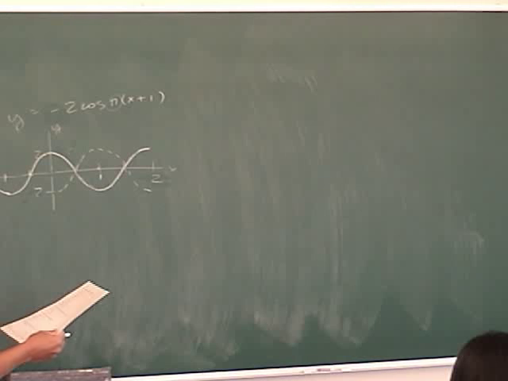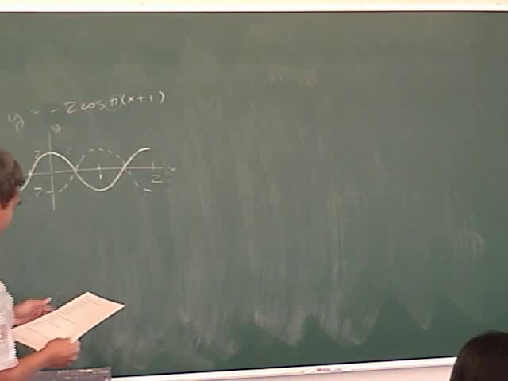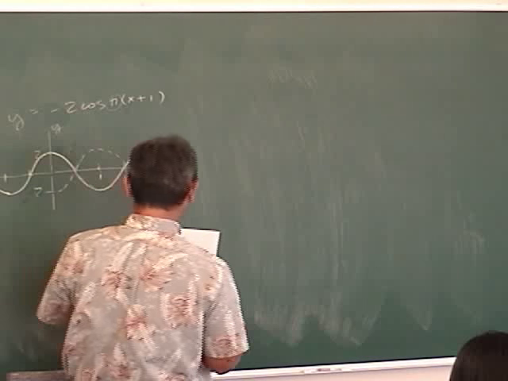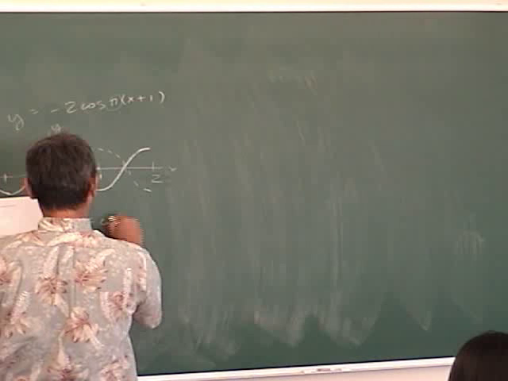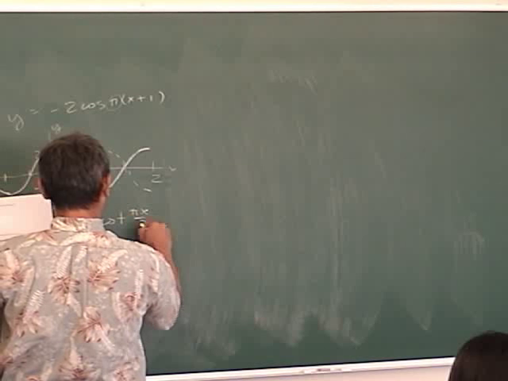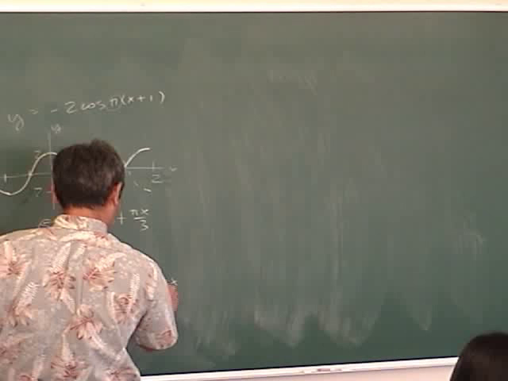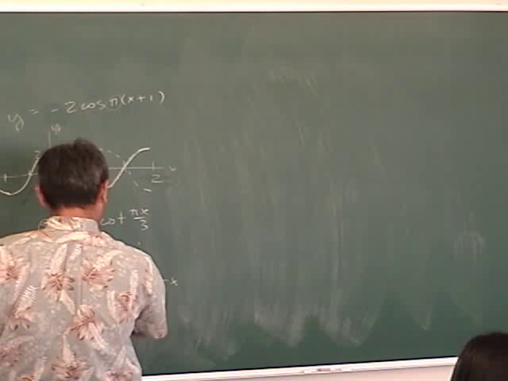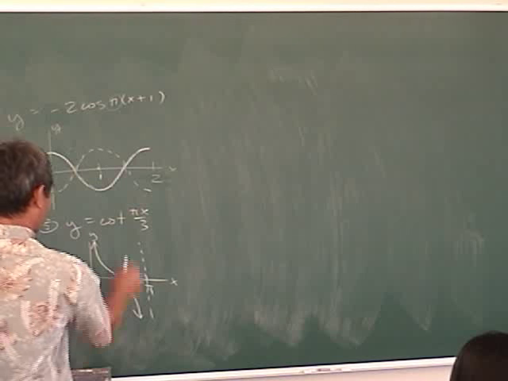Yeah, you want to do another one just for funsies? Okay, which one? Number 5. That's the easiest one in the whole sheet. Y equals cotangent of pi x over 3. What does one period of cotangent look like? Pi. What does this do to the graph?